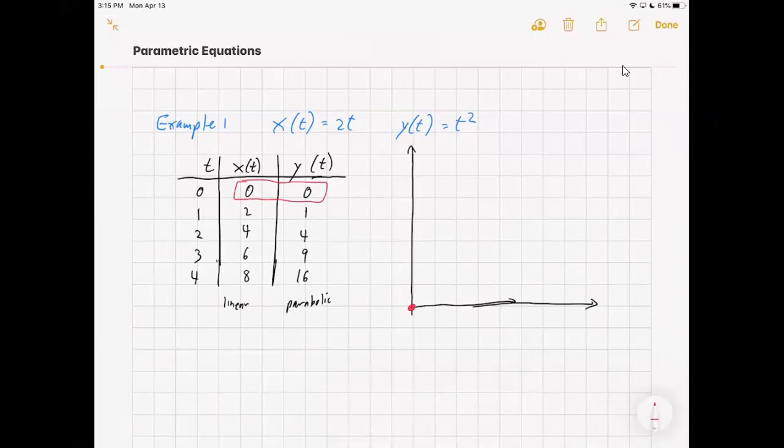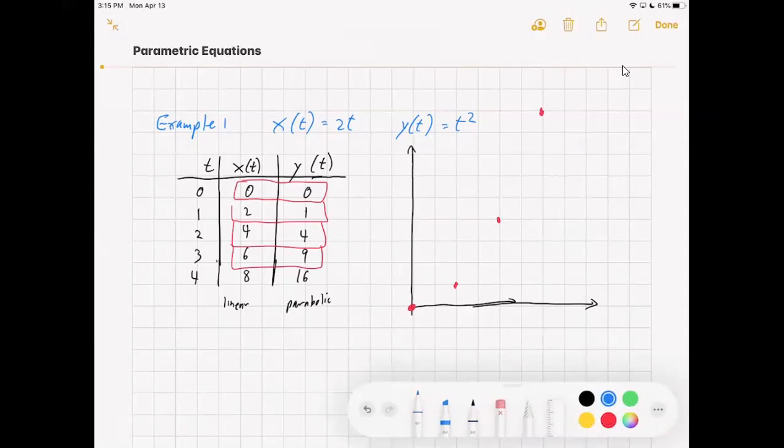The second point is at 2, 1. The third point is at 4, 4. I'm using unit markings on the grid as units of x and y, and then 6 and 9, 4, 5, 6, 7, 8, 9. I'm going to stop there.